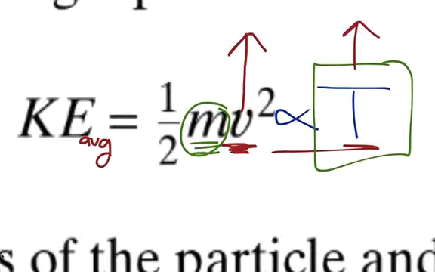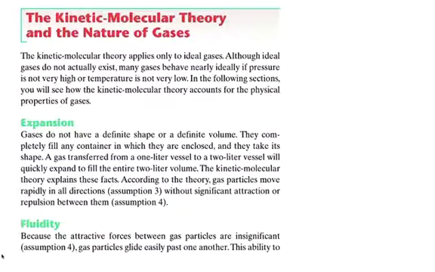We call it a measure of the average kinetic energy, but it's really a measurement of how fast those molecules are moving around. Obviously, things that are colder have less motion, and things that are hotter have more motion. So we can use the kinetic molecular theory to explain a lot of the behavior of gases. Even though we don't have ideal gases and nothing behaves perfectly by those tenets, as long as we're not at really high pressures or really low temperatures where things start sticking together and interacting more.